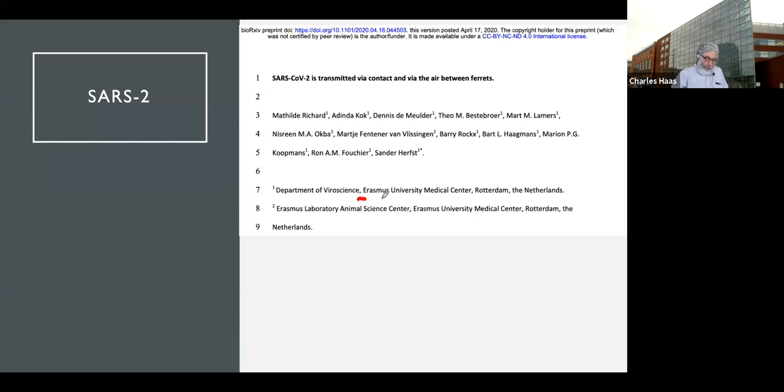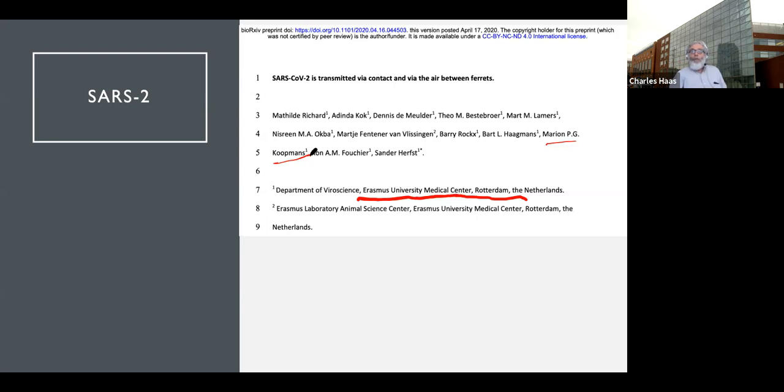But this is one of the strongest research groups within Europe at Erasmus University in the Netherlands. So we have a high sense of reliability and validity for this study. And in fact, one of the authors, Marion Koopmans, was on the WHO Special Advisory Committee that advised the director to declare SARS-CoV-2 a pandemic.